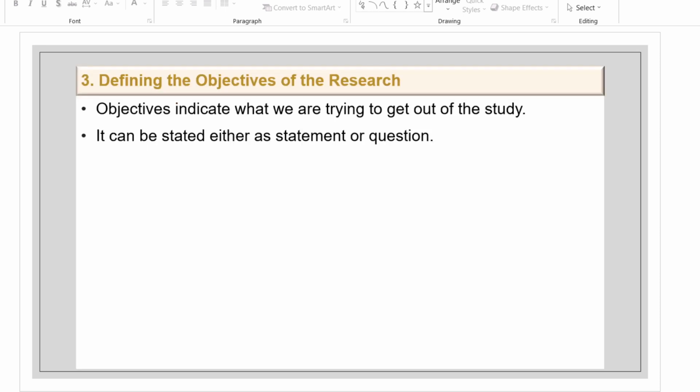The next step is defining the objectives of the research. Objective means what we intend to, or what we try to get out of the study. It can be stated either as a statement or as a question. There can be a primary objective and a secondary objective too.